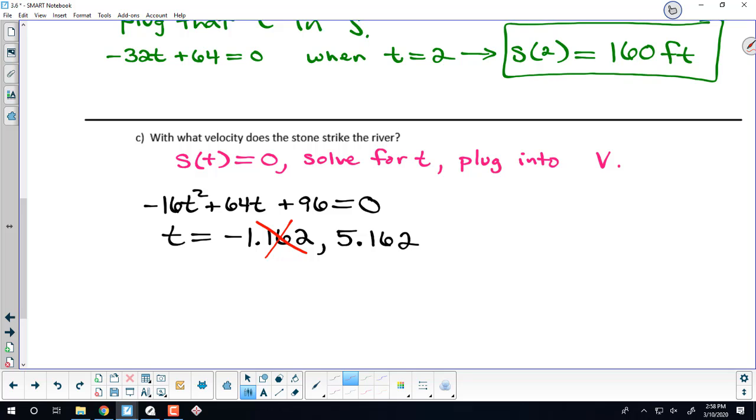So we're then going to evaluate our velocity at 5.162. And that was the negative 32t plus 64 function.